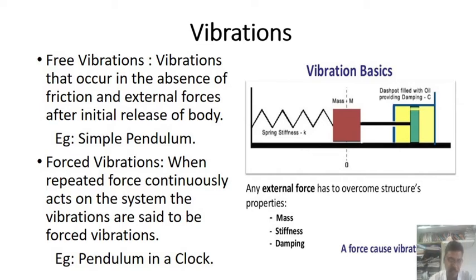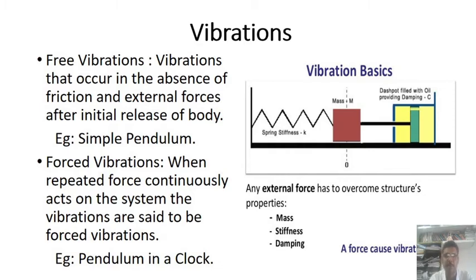We can observe this from a simple pendulum. Second one is forced vibration. From the diagram we can observe free and forced vibrations. When a repeated force continuously acts on the system, the vibrations are said to be forced vibrations.